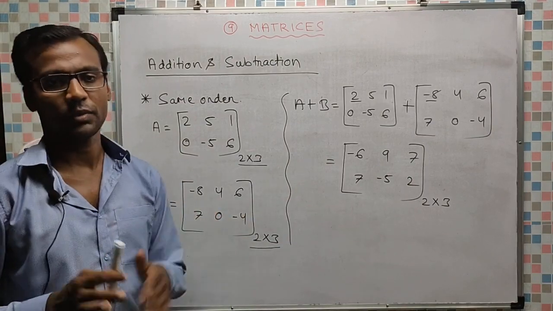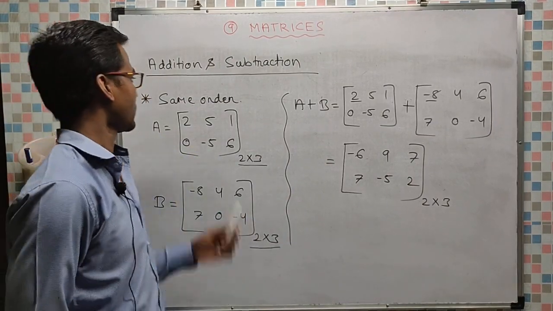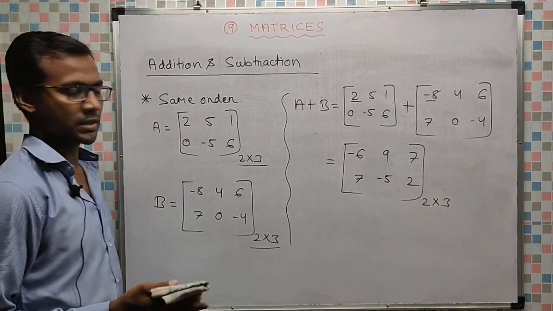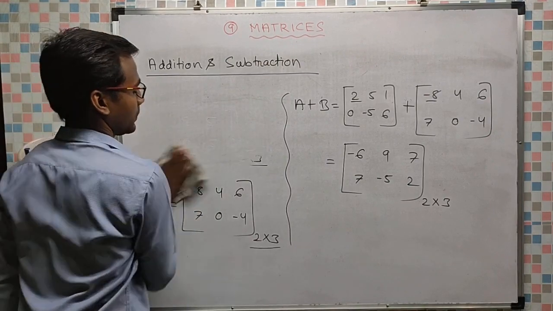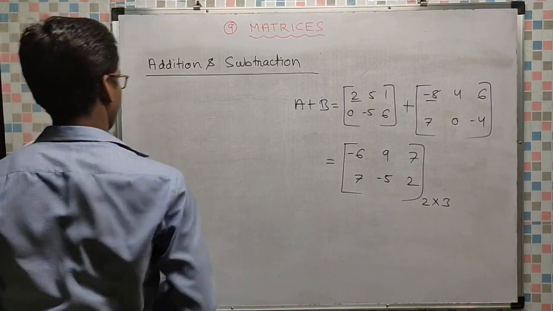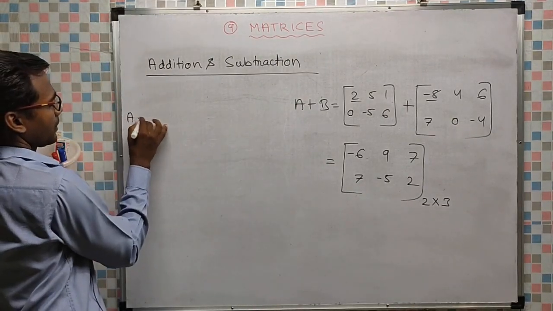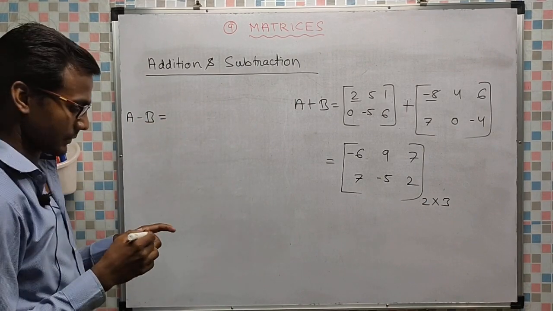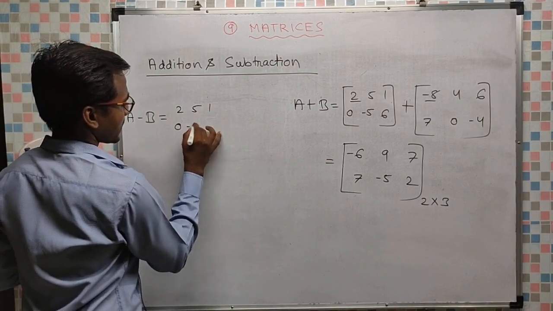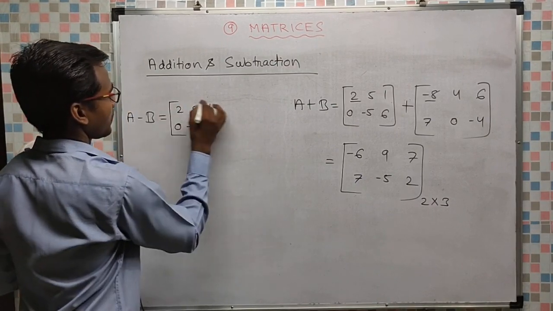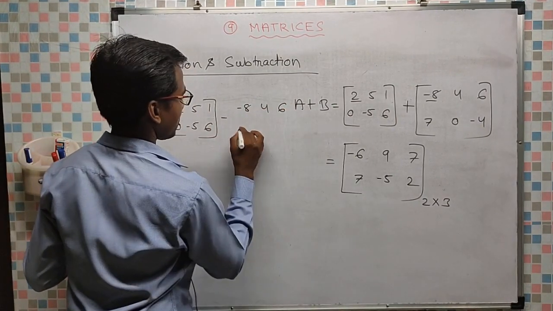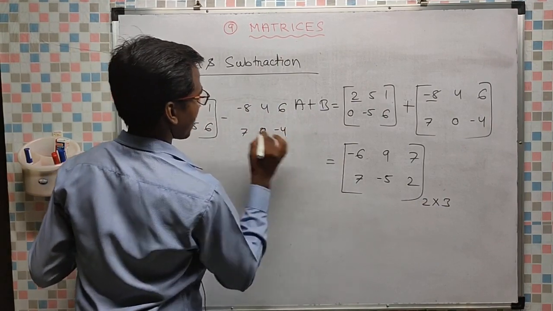Now let us go for subtraction. The same condition, if the order is the same, we can subtract. So let us do A minus B. A minus B is equal to 2, 5, 1, 0, minus 5, 6 minus minus 8, 4, 6, 7, 0, minus 4.